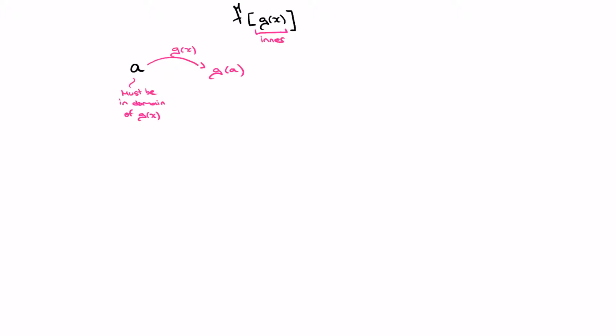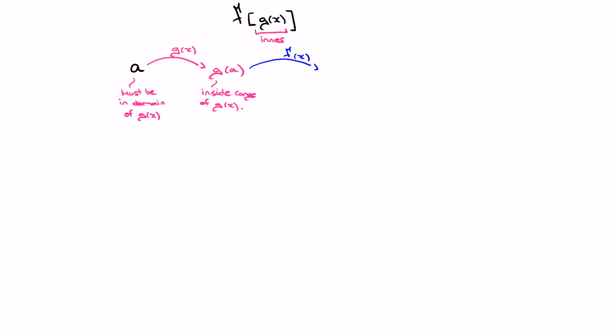And also, since this number g of a is produced by the function g of x, g of a is inside the range of the inner function g of x. So inside the range of g of x. Okay. Now the next thing that happens is this new number g of a is then turned into another number via the function f of x.